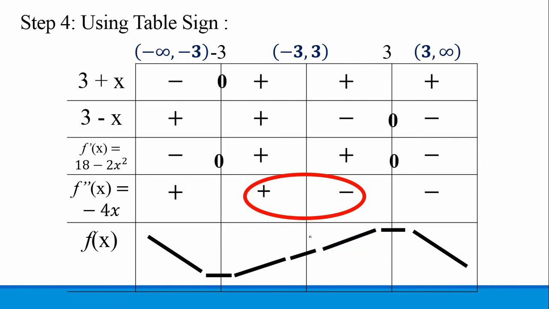So it may have an inflection point. For the second derivative, if there are different sign changes, positive to negative or negative to positive, it means that it has an inflection point. So how do you find the inflection point?